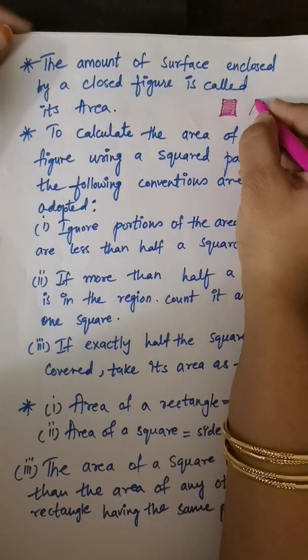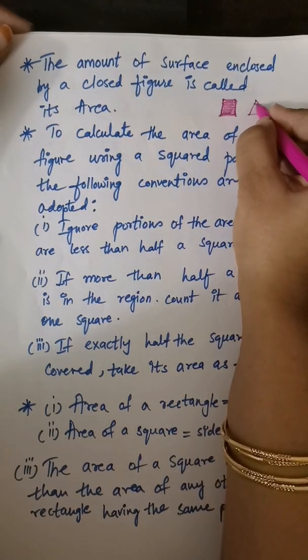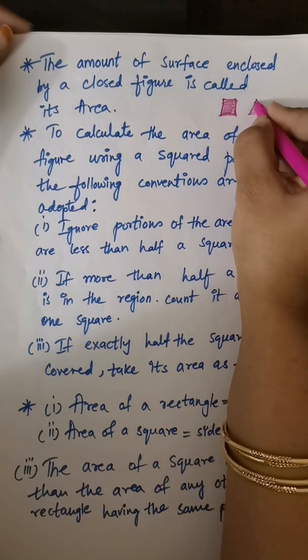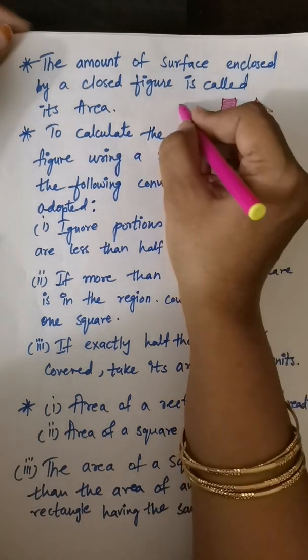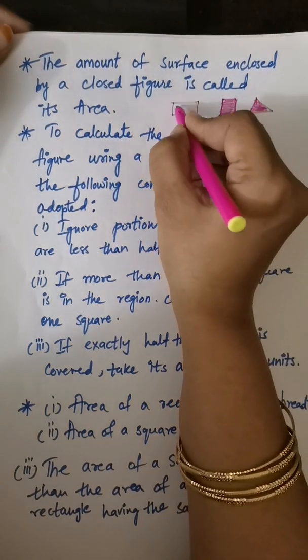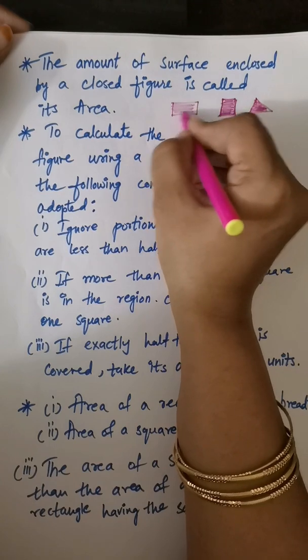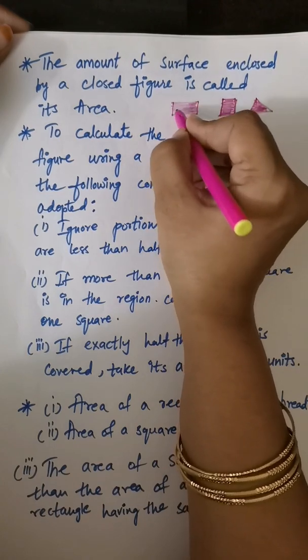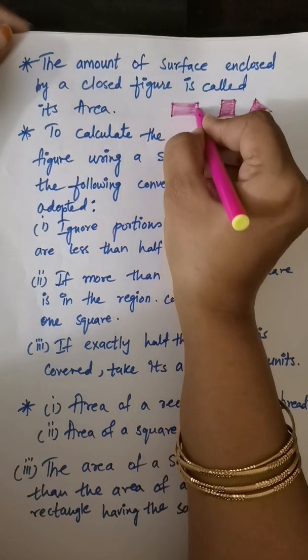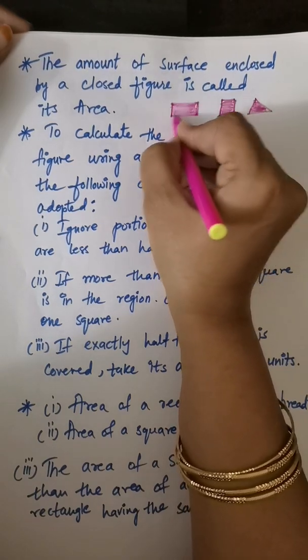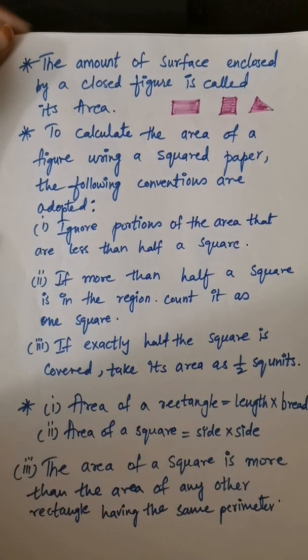If I take a triangle like this, this is the area of this triangle. You should have a clear picture in your mind about what an area is and what a perimeter is. This is the area of the rectangle, and the boundary is the perimeter of the rectangle.